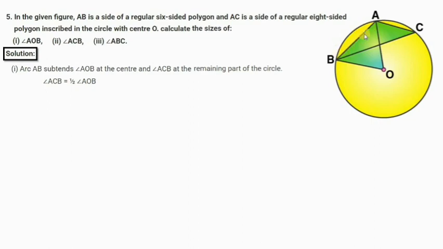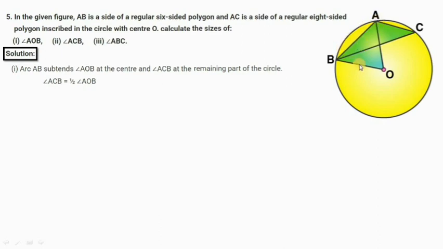That means the number of sides here is 6. Theorem number 2 said that the angle subtended by one side at the center will be 360 degrees by n, where n is the number of sides. We have 6 sides, so n will be 6 here.